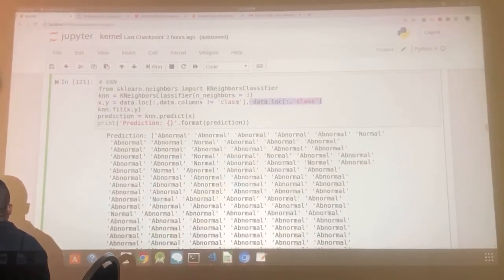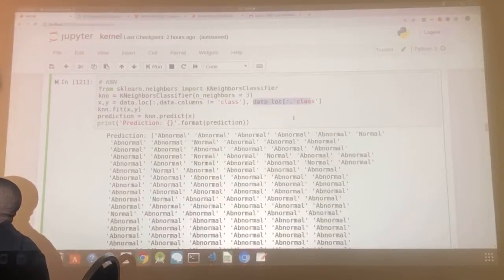That's my input. You cannot feed your answer to find the answer, so it doesn't make sense. So my X is everything except the class. Does this part make sense? And then my Y is the class only, which is the classification, whether you're abnormal or not.